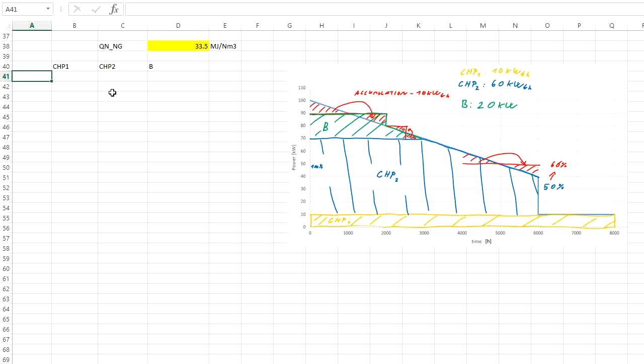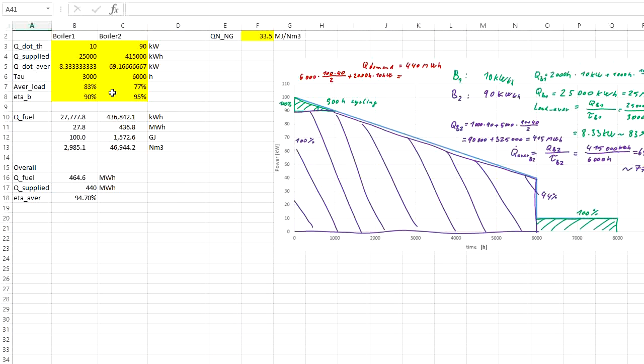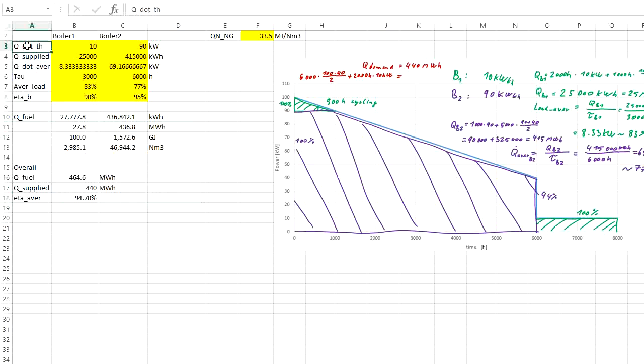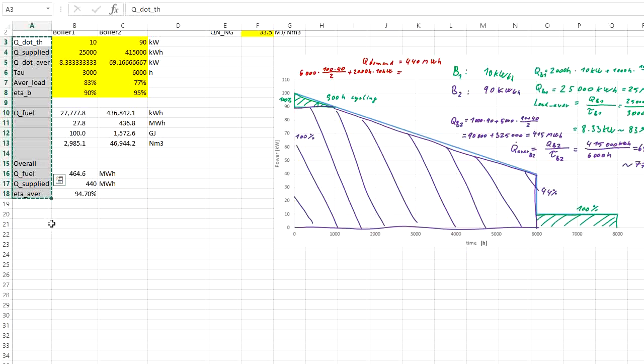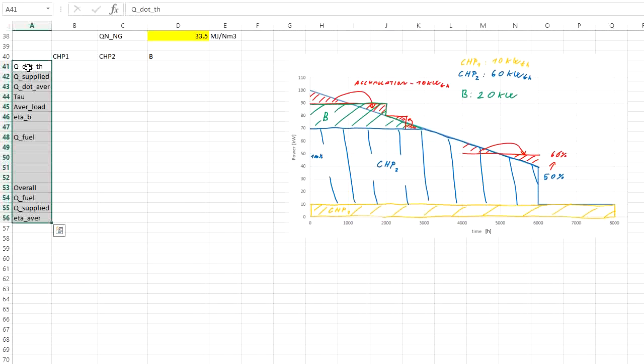Now the operating hours, the operating period in a year, or well, let's copy the values from the top. Let's see how it will fit.